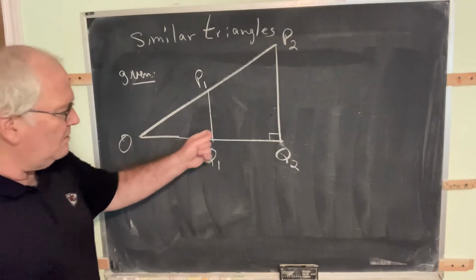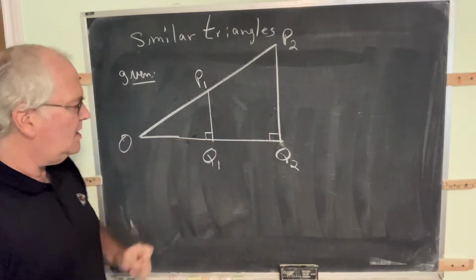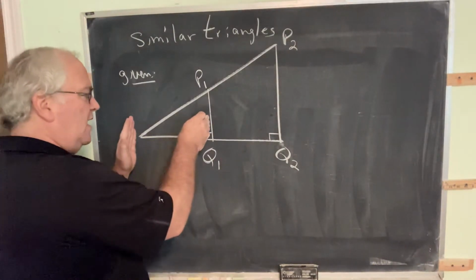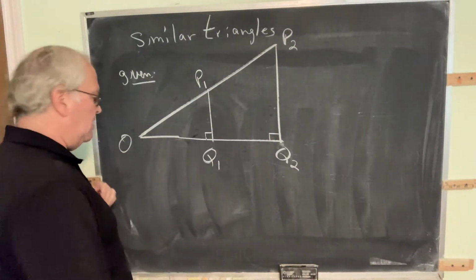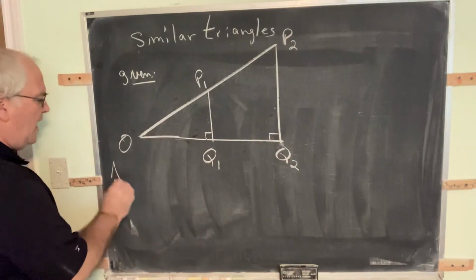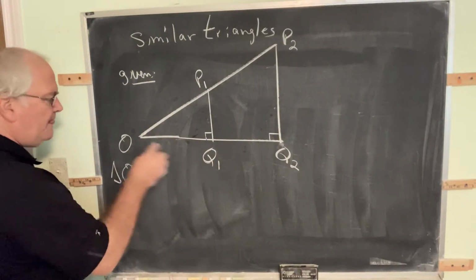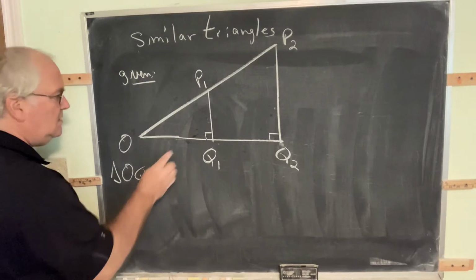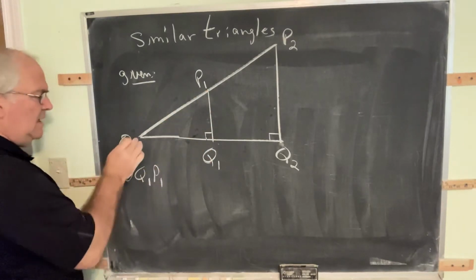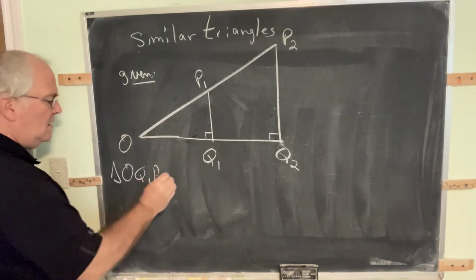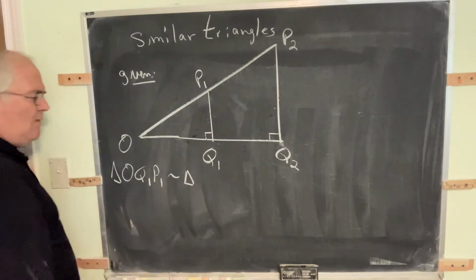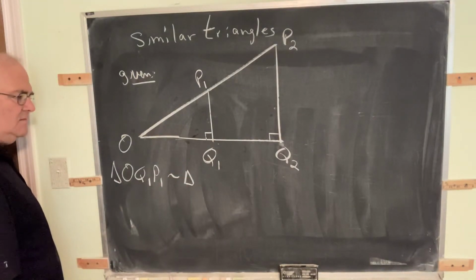Since we know these lines are parallel, then we know the small inner triangle and the large outer triangle are similar. So let's see if we can write that out. Triangle O, Q1, P1 in that sequence is similar to triangle. Now, what sequence do we need to write this? Do you see it?